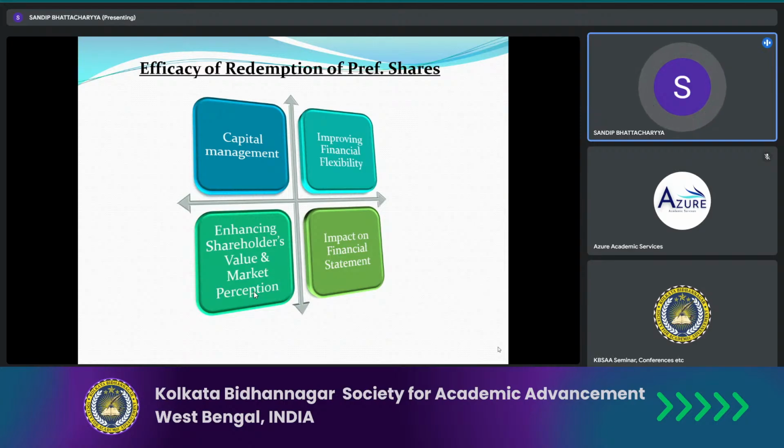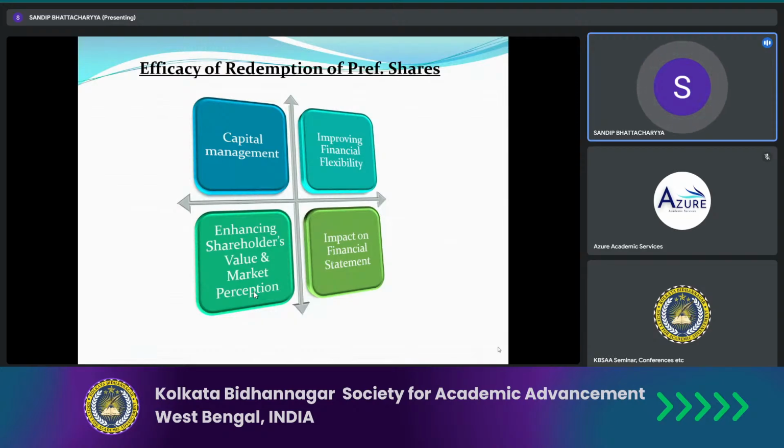So if I am to say what redemption is, that means managing or understanding the redemption of preference shares effectively helps the company to maintain liquidity, shareholder value maximization, shareholder growth, shareholder expectation, and various shareholder ratios, that means the shareholder equity value, and it must comply with the various regulatory requirements.